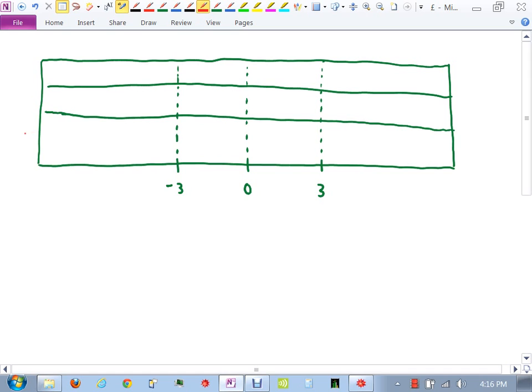Then on the left side of your table, I want you to write F prime, F double prime, and then F. So this is kind of a weird order that I just did that. I started with the first derivative, then second derivative. If you go from the bottom up, first derivative, second derivative, then F.